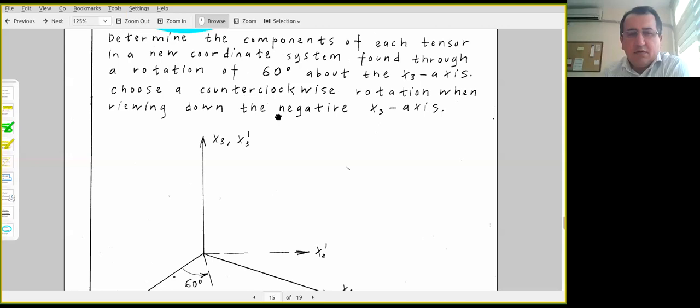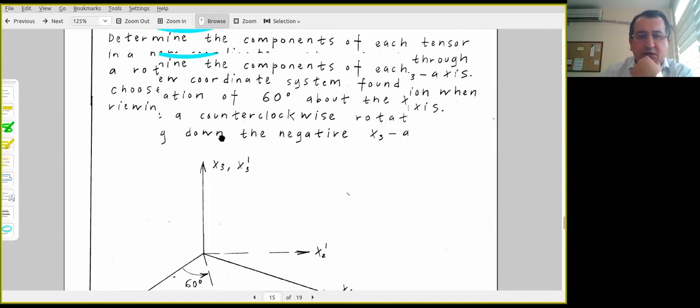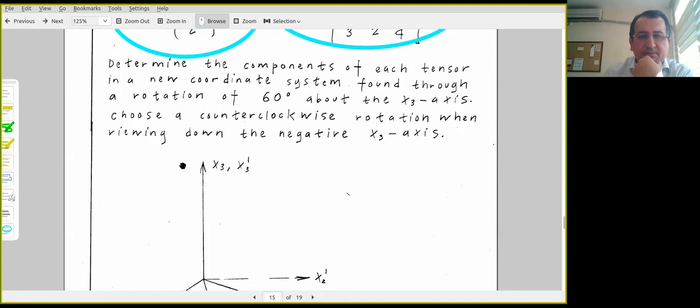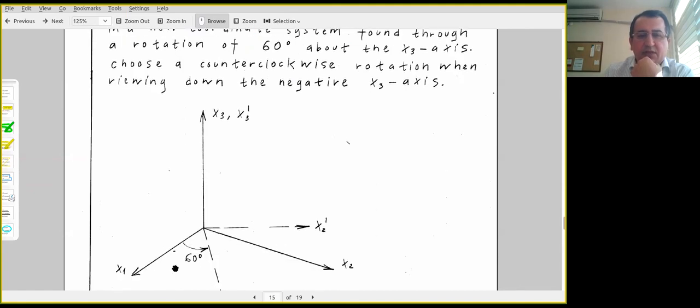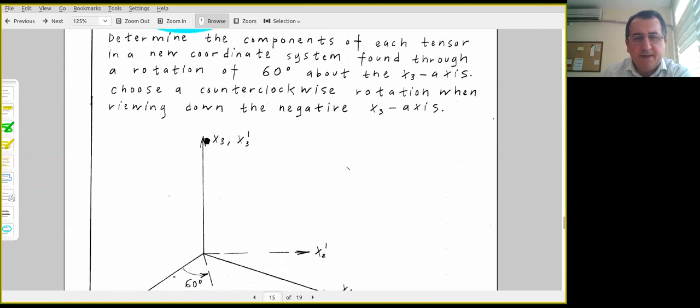We were considering this example on transformation. These are the matrices. It's the new coordinate system. There's a 60-degree counterclockwise rotation about the x3 axis when viewing down the negative x3 axis.